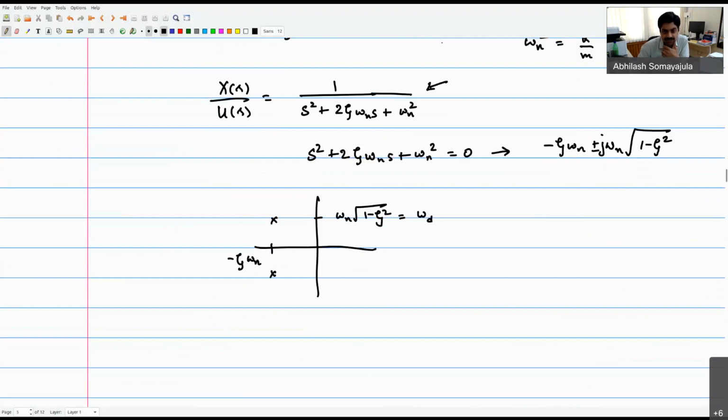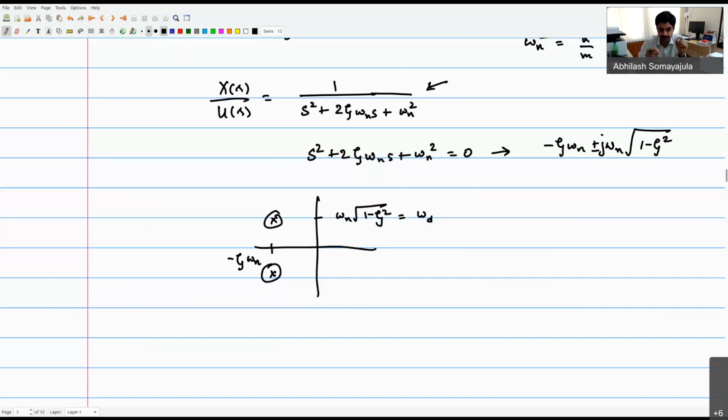If these two transfer functions look the same and have the same coefficients, then I can say that the poles of those transfer functions are located at these locations in the complex plane. So I specify where the poles should be in the complex plane, then back-calculate what zeta and omega n should be, and then compute the gain values Kp and Kd such that my system now resembles that spring mass damper system.